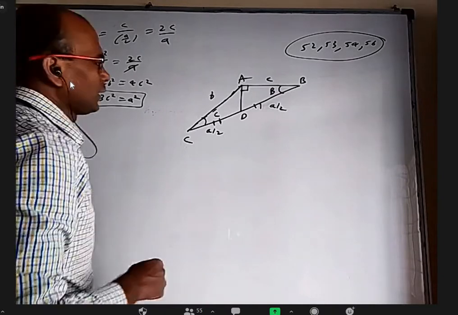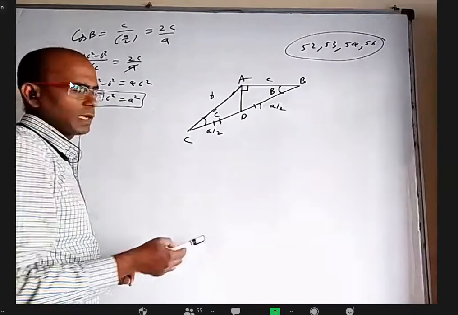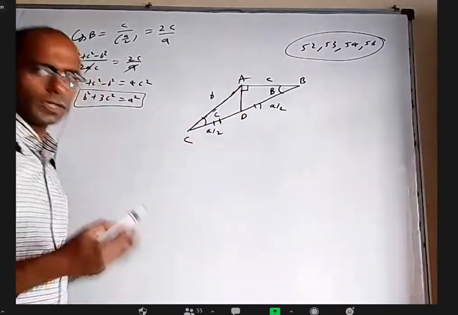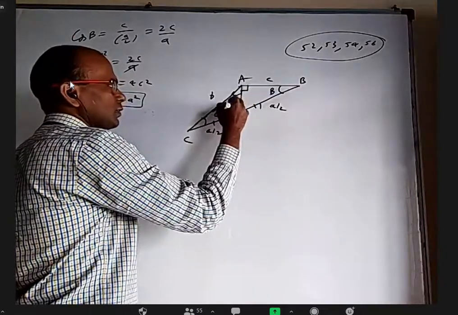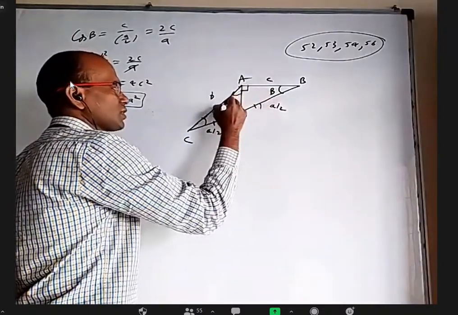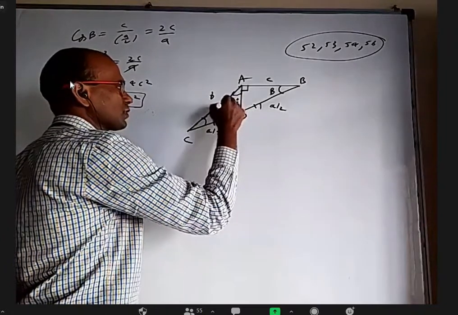Next, I can find AD length. I can apply sine rule here and sine rule here. For example, this total angle is A, this is 90, so the small angle is A minus 90 degrees.